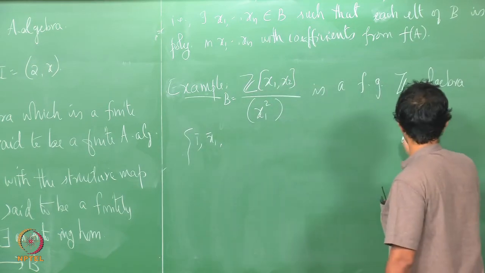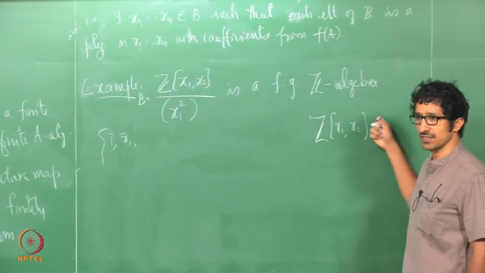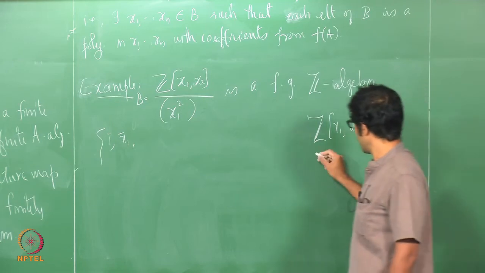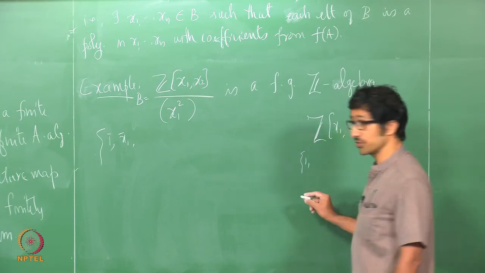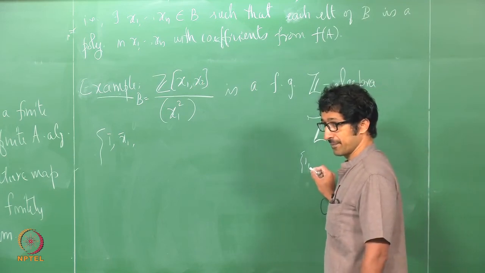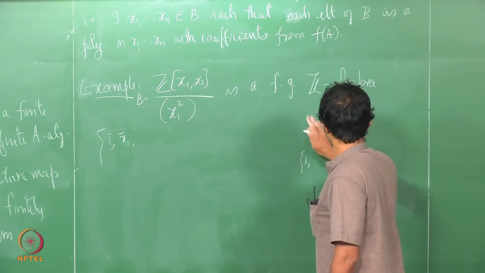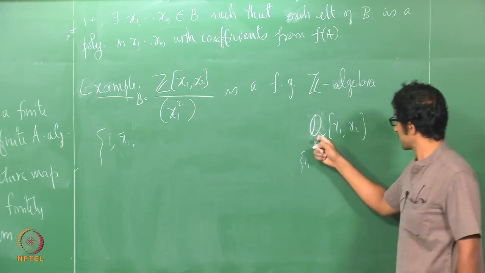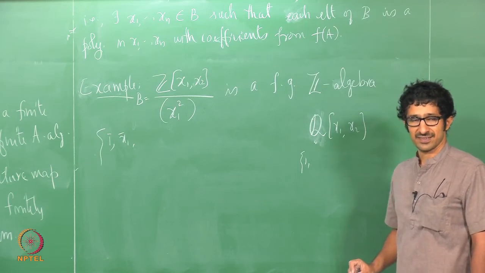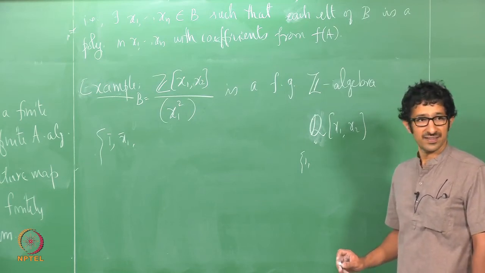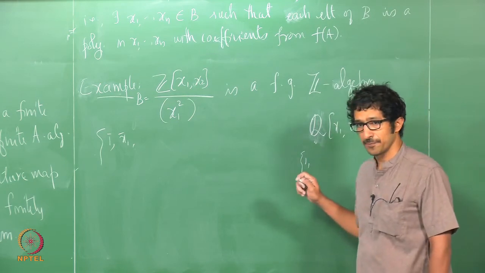See, if you take this Z[x1, x2], can you tell me a generating set for this as a module over Z? Can you tell me as a vector space over Q what is its generating set? As a vector space over Q, is this finite dimensional?